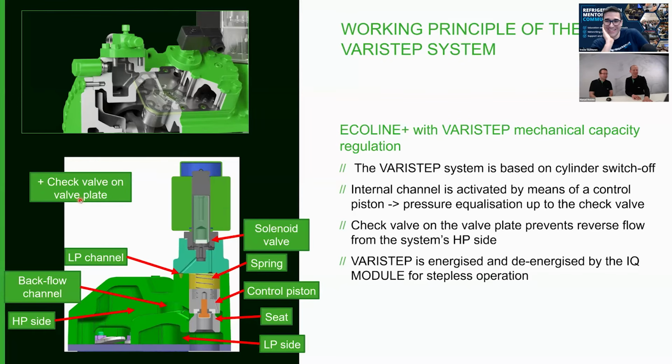Anytime. But it's a good point, and we paid attention to this when we developed the valve plate. The valve plate for the Varistep is for the moment still different from the standard valve plate, so we avoid this flapping situation when there's no pressure difference.